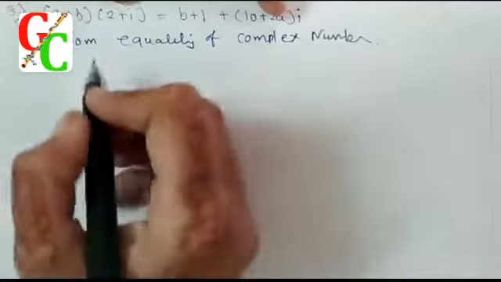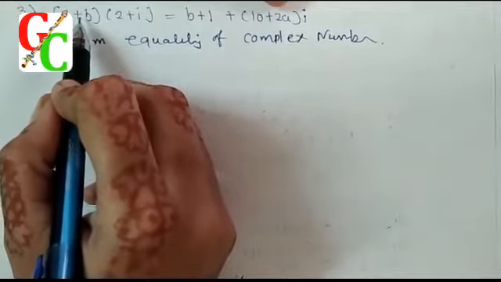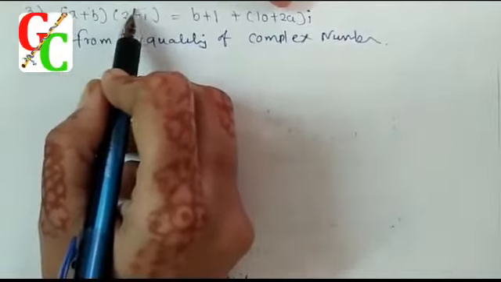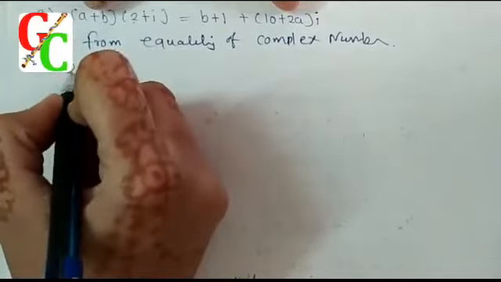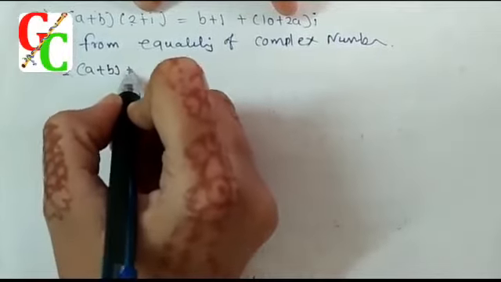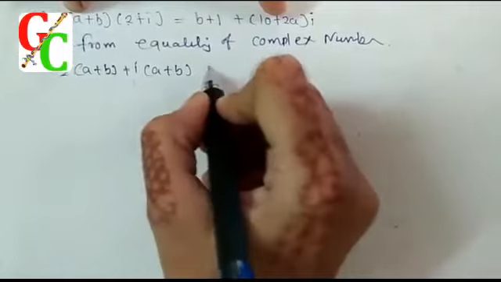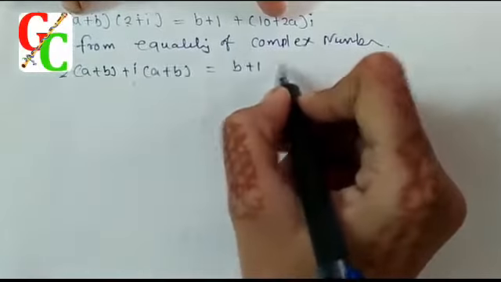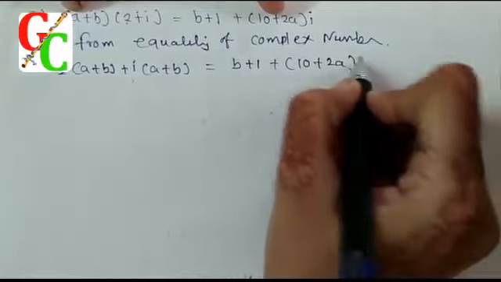In this case, we first multiply: 2 in bracket a plus b, plus i in bracket a plus b, is equal to b plus 1 plus 10 plus 2ai.